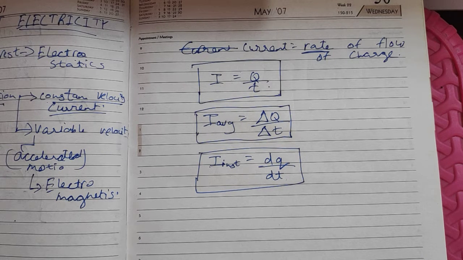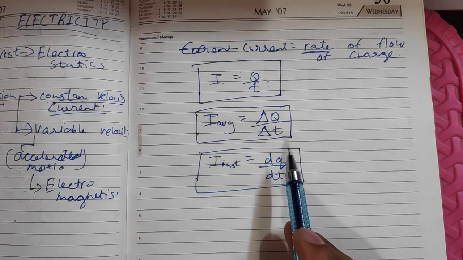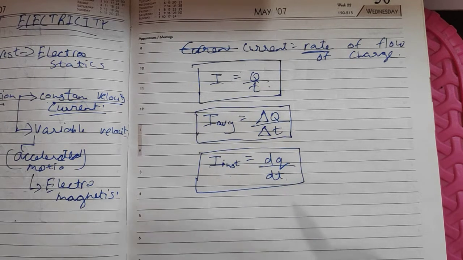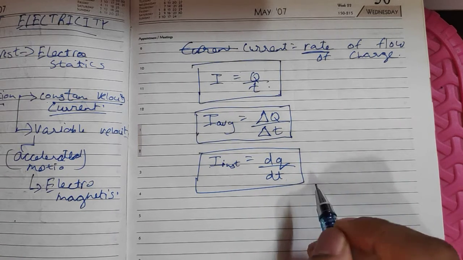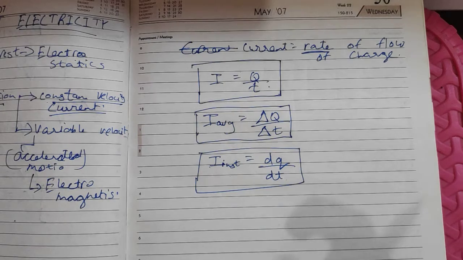And for instantaneous we don't take an interval. What we take is a particular time. Suppose someone asks what is the current at 3 seconds, then it would be dq, that is the amount of charge flown at that particular instant. That is I instantaneous.